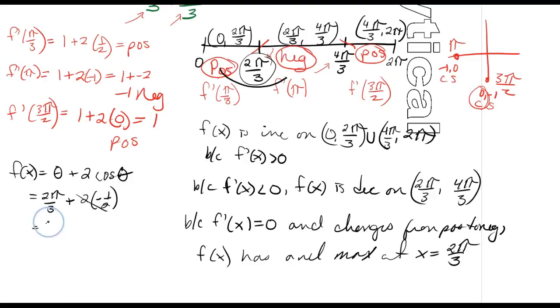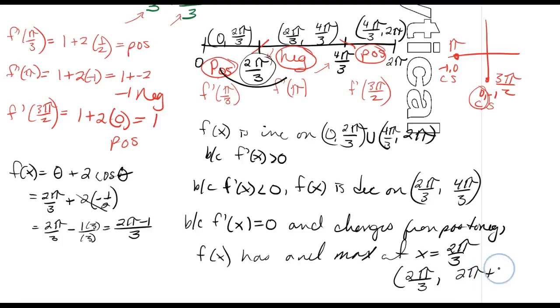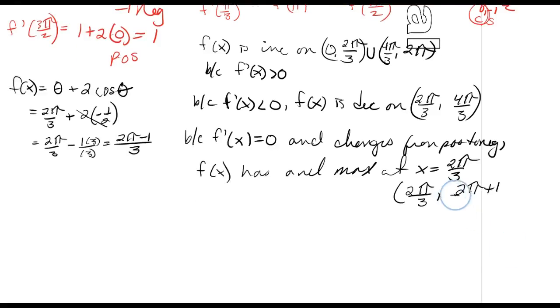The 2's cancel. 2 pi over 3 minus 1 over a common denominator, 2 pi minus 3 over 3. So those are my coordinates: 2 pi over 3, comma, 2 pi minus 3 over 3.